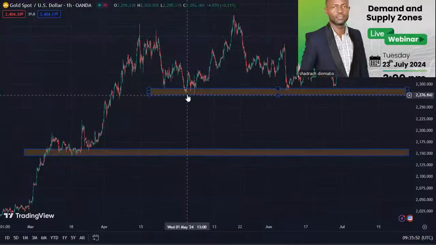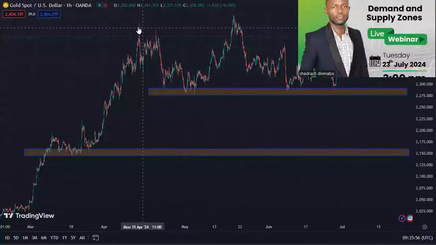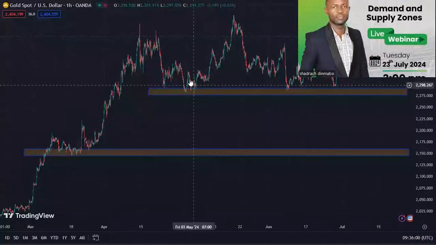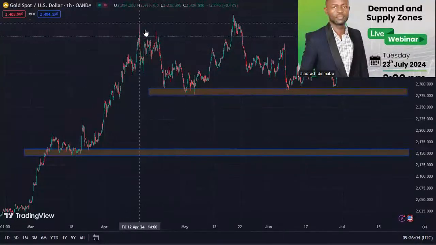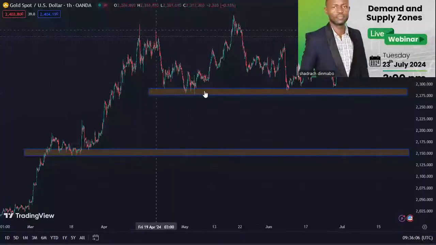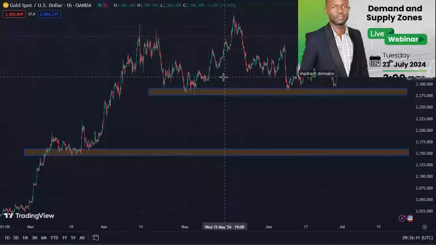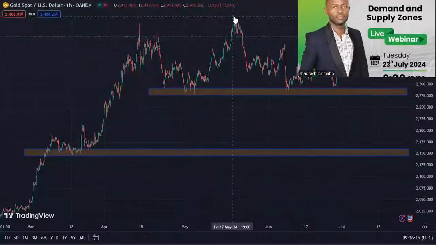But now the market made a buy move from the other demand zone and broke these highs. So they invalidated the whole of these lower highs that the market made. As a result, the next supply zone that the market made was this one.